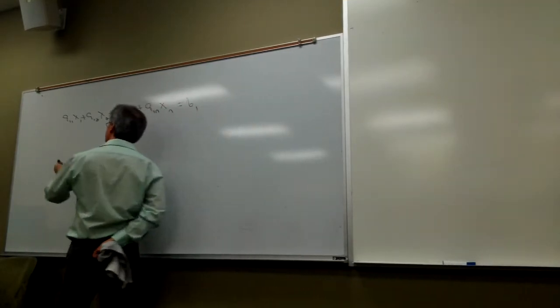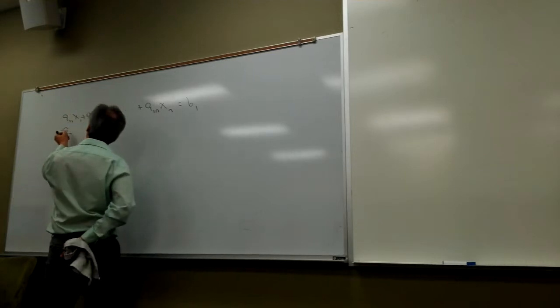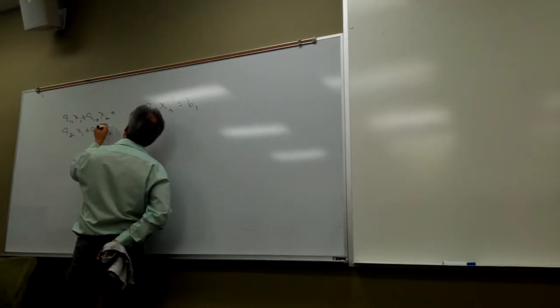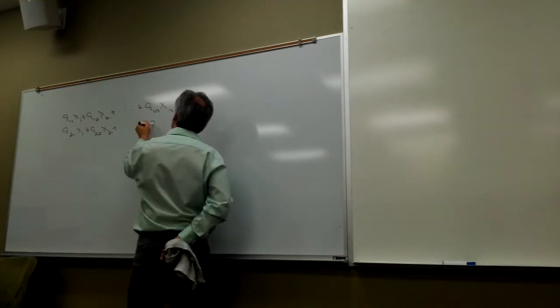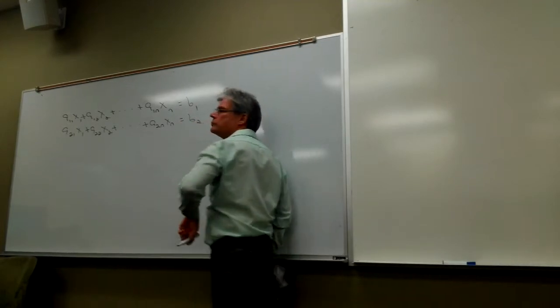Then I had another equation, where I got a coefficient, I'll call this, I'm on the second row, a sub 2,1 x1 plus a sub 2,2 x2, all the way down to a sub 2n x sub n being equal to b sub 2.